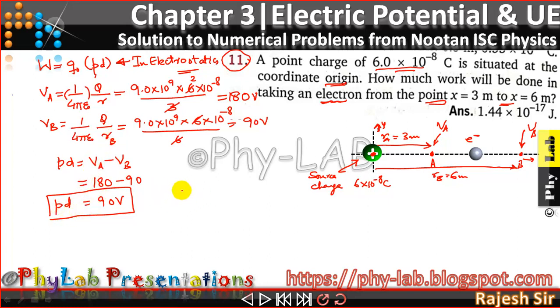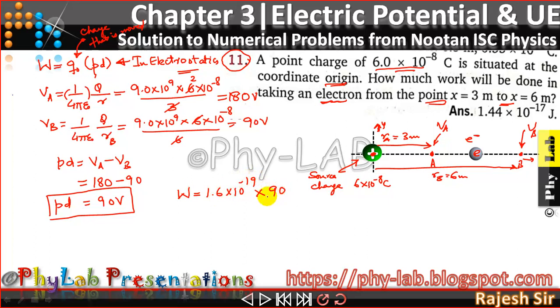Now I need to find out the work done. The work done, as I told you, is defined by the formula Q naught into PD. What is Q naught in this expression? Q naught happens to be the charge that you are moving. So what is the charge that you are moving between these 2 points? That is an electron, isn't it, friends? So what is the charge carried by an electron? That happens to be 1.6 into 10 to the power of minus 19. And what is the potential difference between these 2 points?